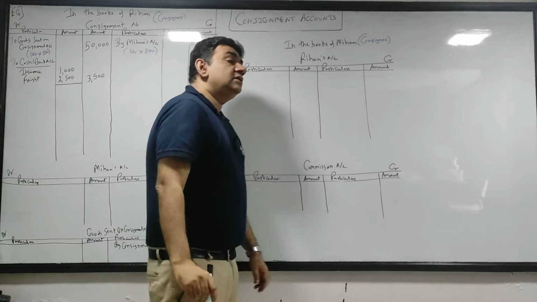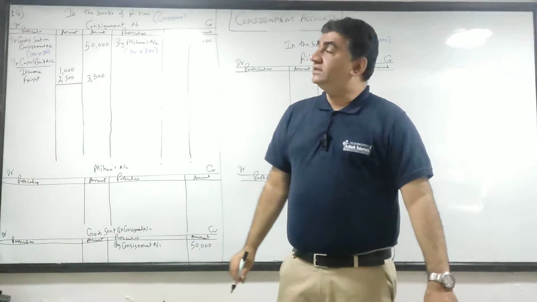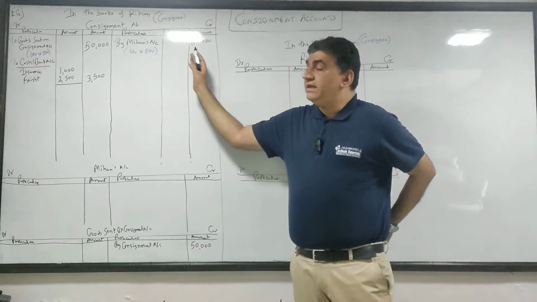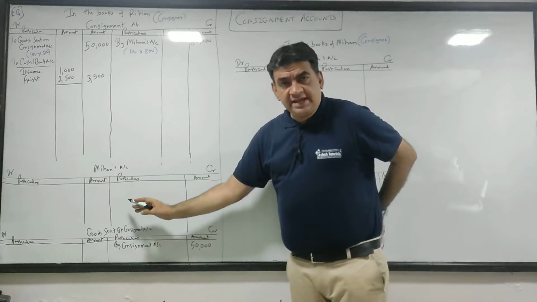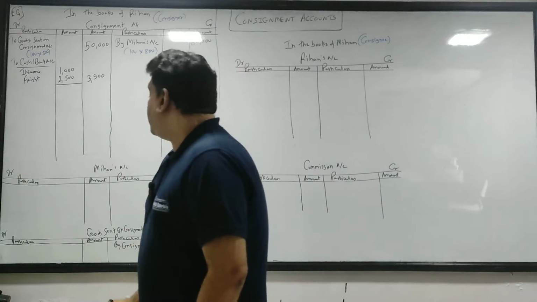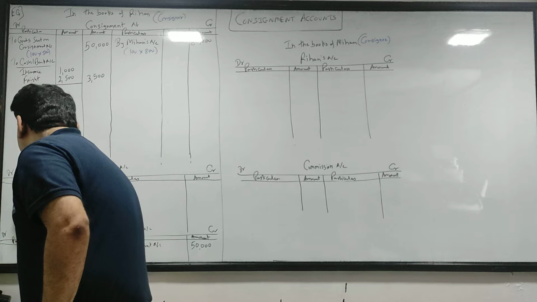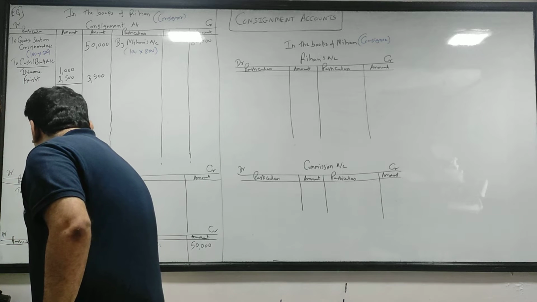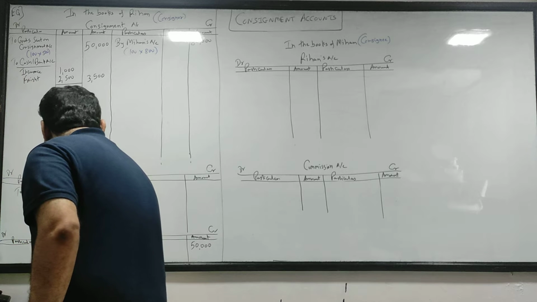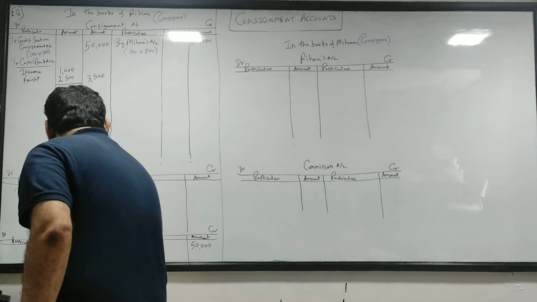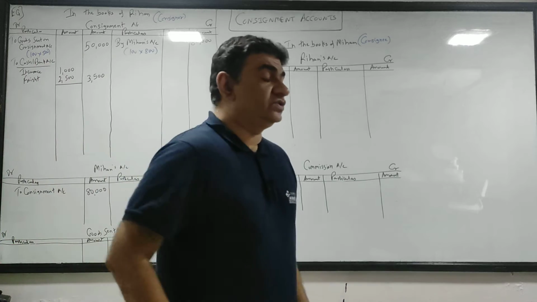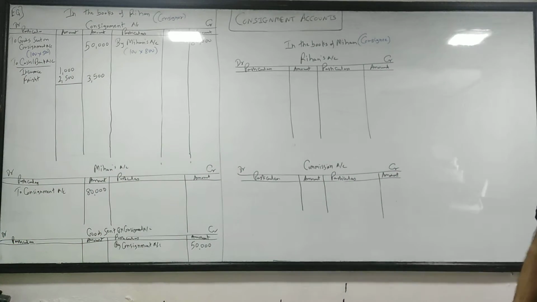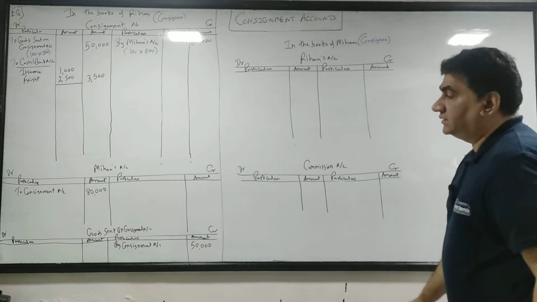That means Mihan has sold these goods for 80,000. By Mihan, we are making Mihan's account come to the debit side: Mihan's account to consignment account 80,000.